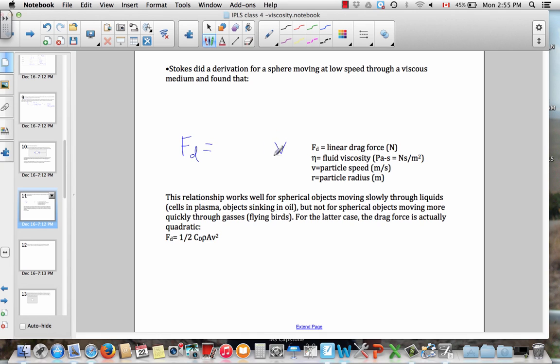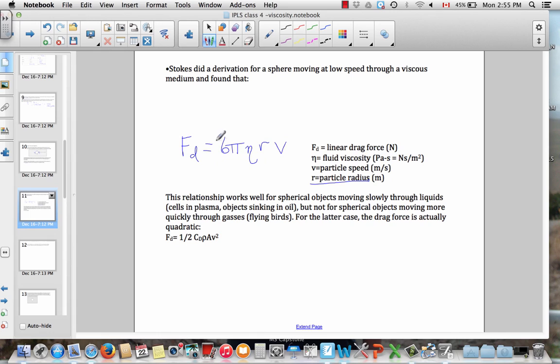That means it depends on speed to the first power. And this is just a geometric factor from the surface area and volume of the sphere. It depends on how viscous the fluid is, and it also depends on the radius of the particle.